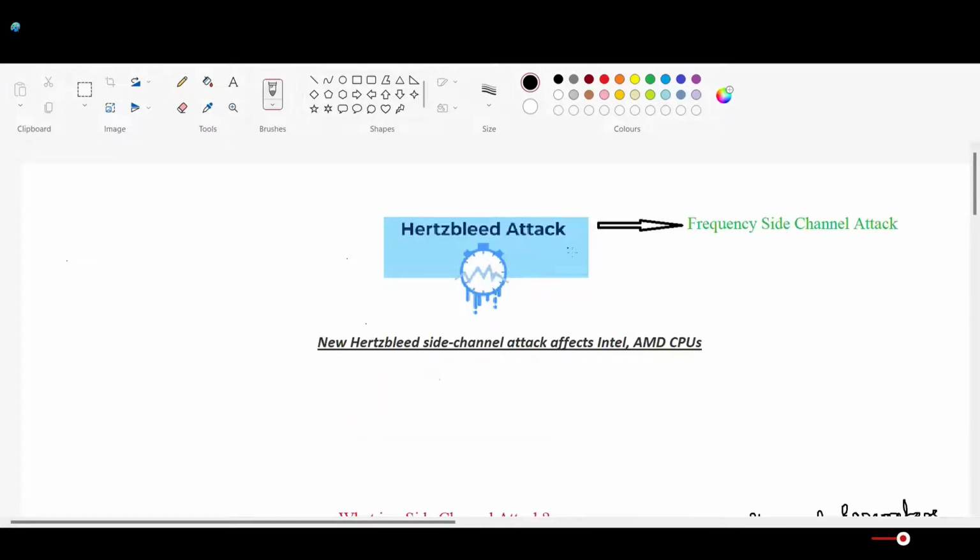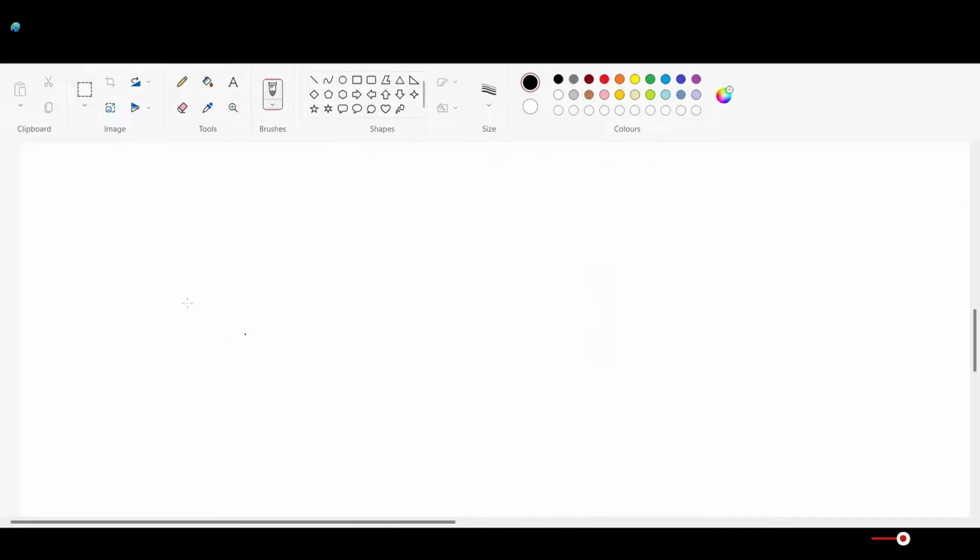Now coming back to the Heartzbleed attack. In the starting we discussed that this attack exploits a security vulnerability present in Intel and AMD processors, which can allow remote attackers to steal encryption keys from your system. Let me talk in a bit more detail about this.